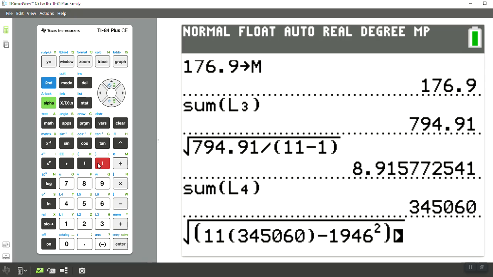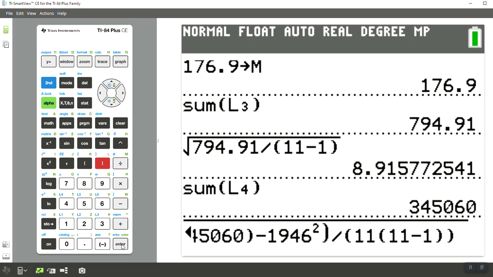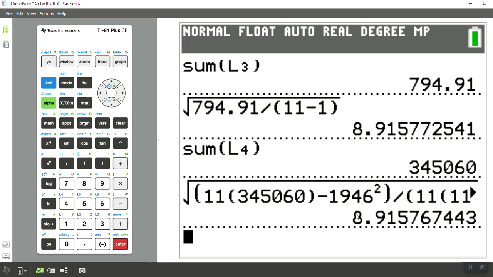I'll put a close parenthesis, which will finish off that numerator. And I'm going to divide it by all of the denominator, which is 11 times the quantity 11 minus 1. It's n times n minus 1 in the denominator. So you notice that that gives the same standard deviation of 8.9.